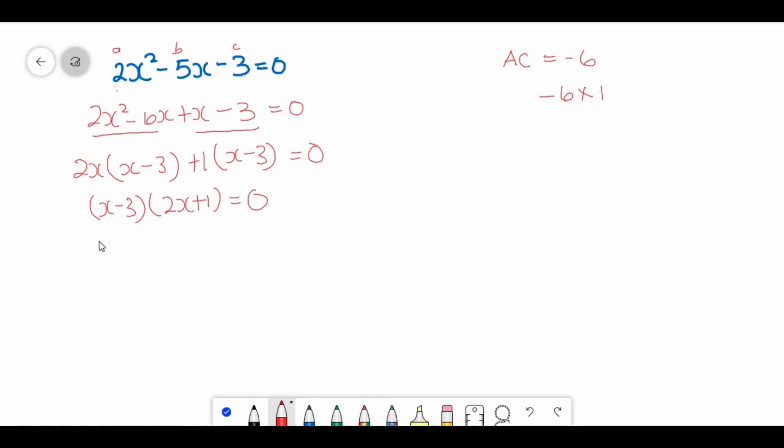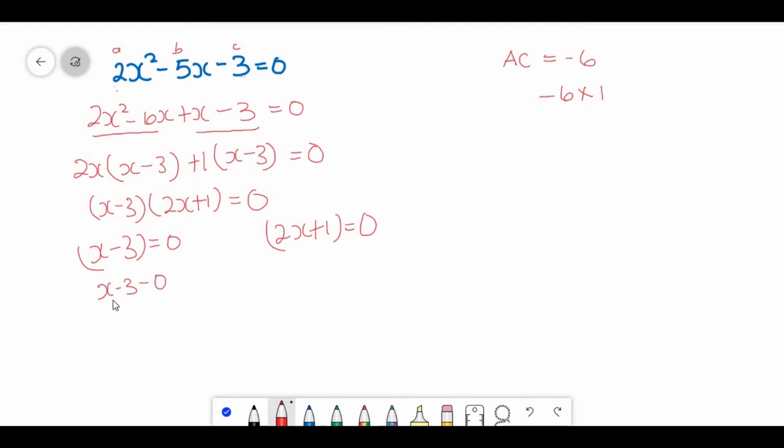At this point in time, we're going to separate them and equate both brackets to 0. So we have x minus 3 equal to 0, and then we have 2x plus 1 equal to 0. So we could just solve. We have x minus 3 is equal to 0.